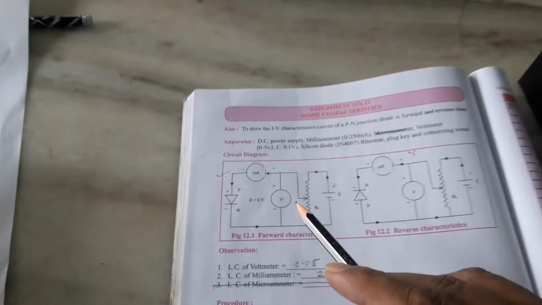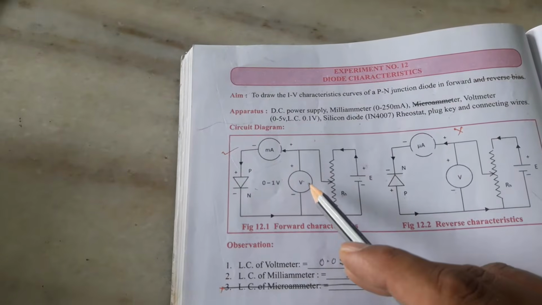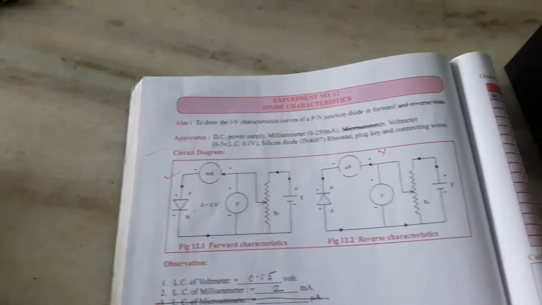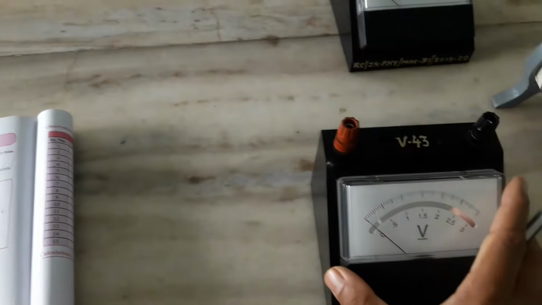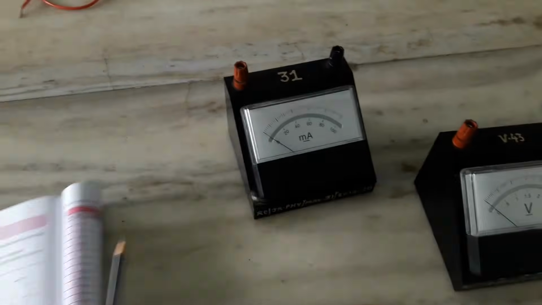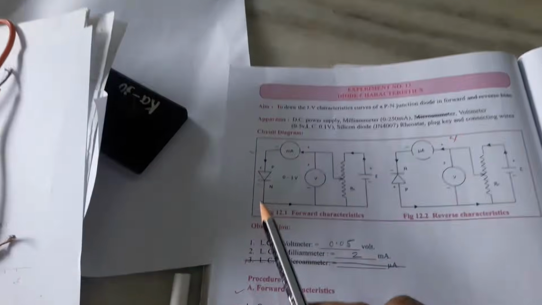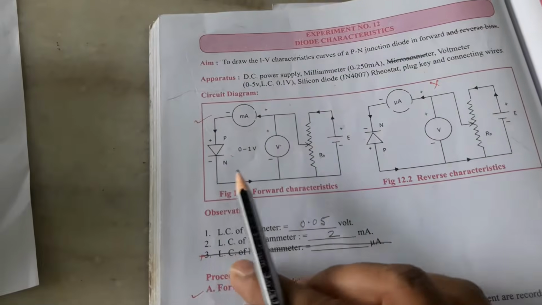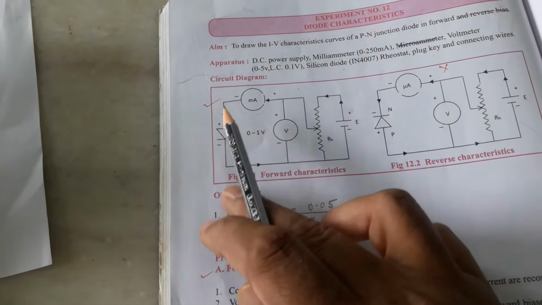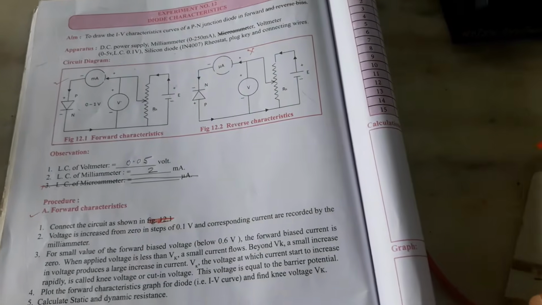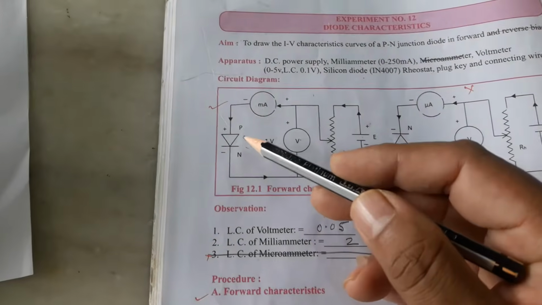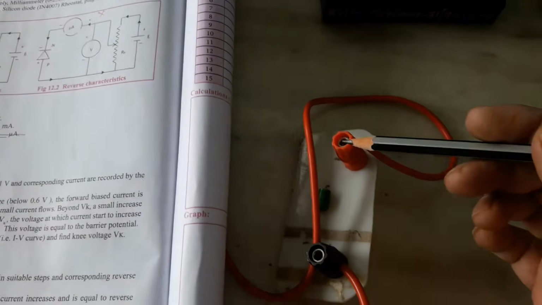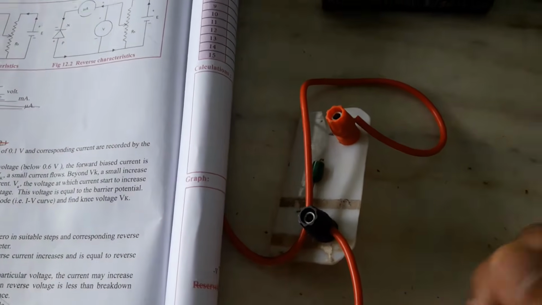Then we have the voltmeter here, the milliammeter here. Then the required thing is the diode. The positive terminal of the diode is the upper side, negative is below. So I'll keep it the same way, positive upside, negative downside.